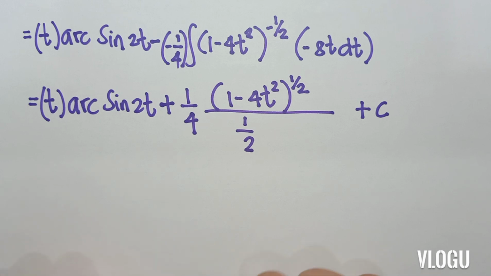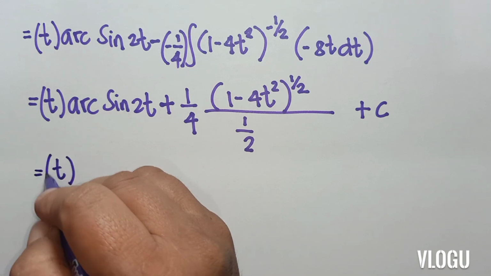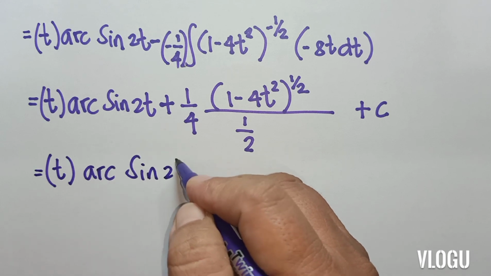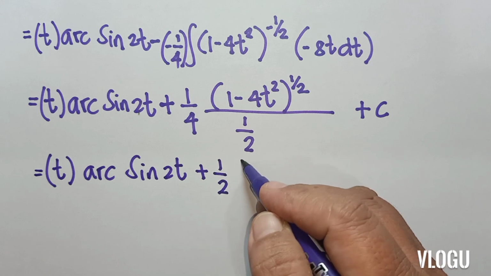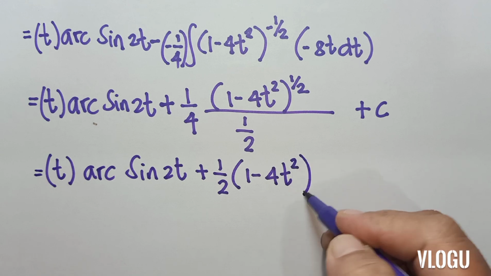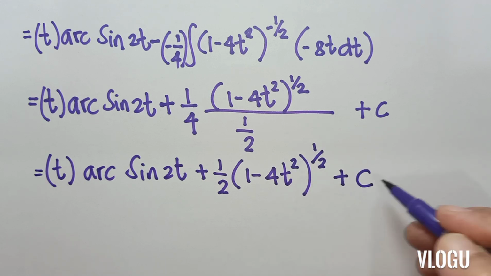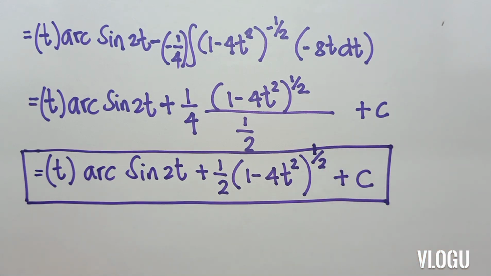So our final answer is t arc sine 2t plus 1/2 (1 minus 4t squared) to the 1/2 plus c. So this is now our final answer.